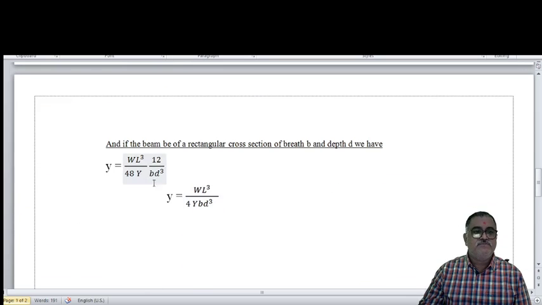Now if the beam is of rectangular form, what will be the depression?